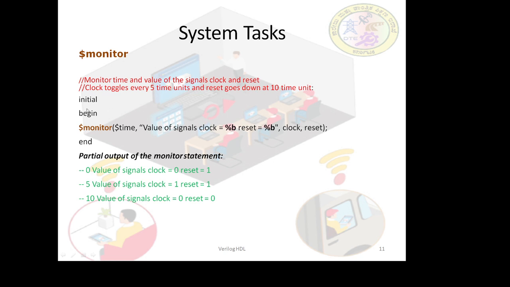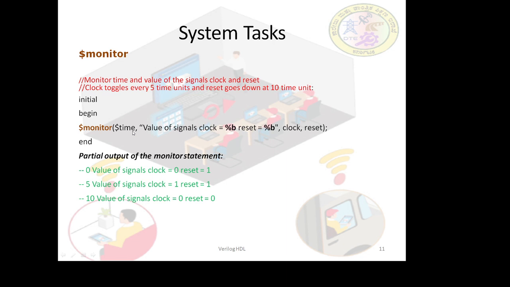So we will try to initialize the values of these. So initial, begin and dollar monitor, because every 5 units of time the clock will be toggling, and after 10 units of time the reset will be going down. So we have to monitor the current simulation time. The current simulation time is written by using the keyword dollar time. This is going to give you the current simulation time.